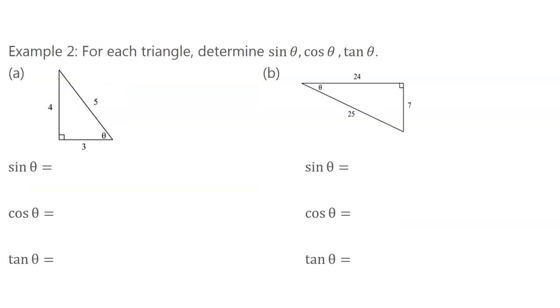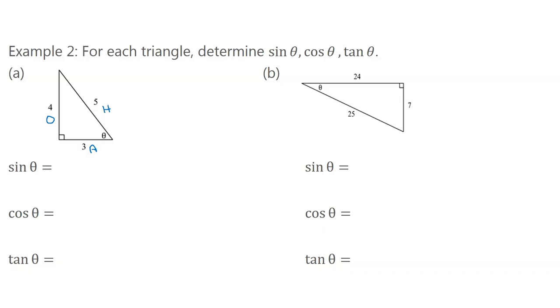Now in example 2, they want us to determine the sine, cosine, and tan of theta for each triangle. So let's start by labeling the numbers here in A. The 5 would be the hypotenuse, the 4 is the opposite, and the 3 is the adjacent.